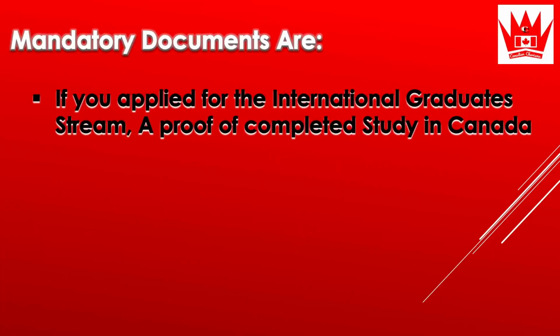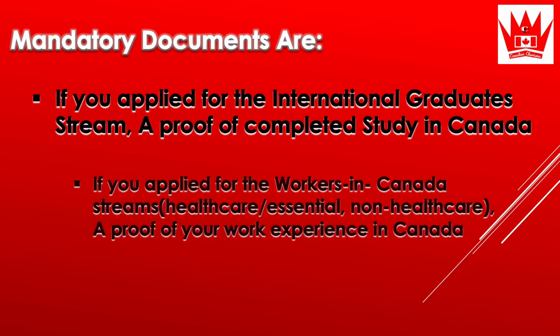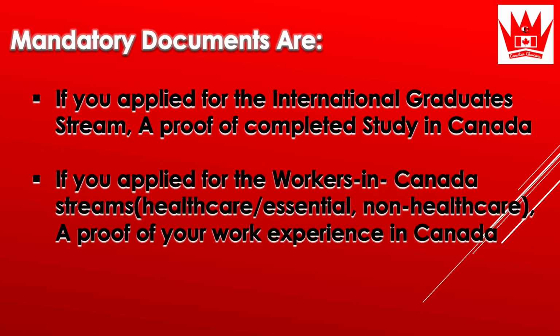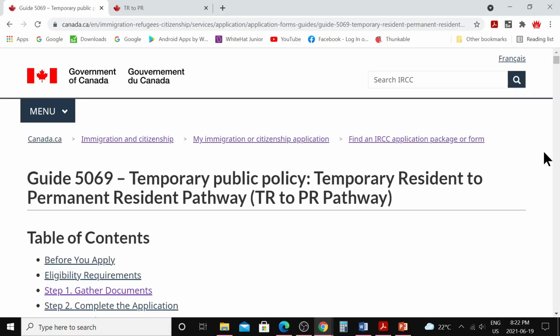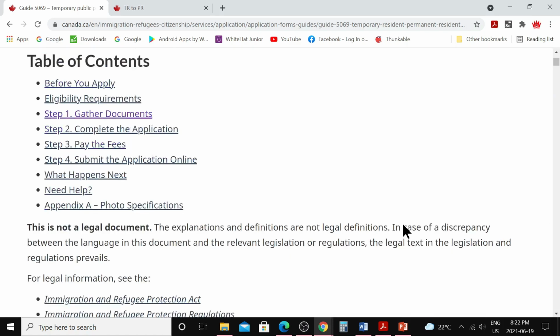If you applied for the international graduate stream, proof of completed study in Canada. And if you applied for the workers in Canada streams, healthcare and essential non-healthcare, proof of your work experience in Canada. To have a detailed look at these documents, I am in Guide 5069. I know you know where it is, but I will leave the link in the description anyway.